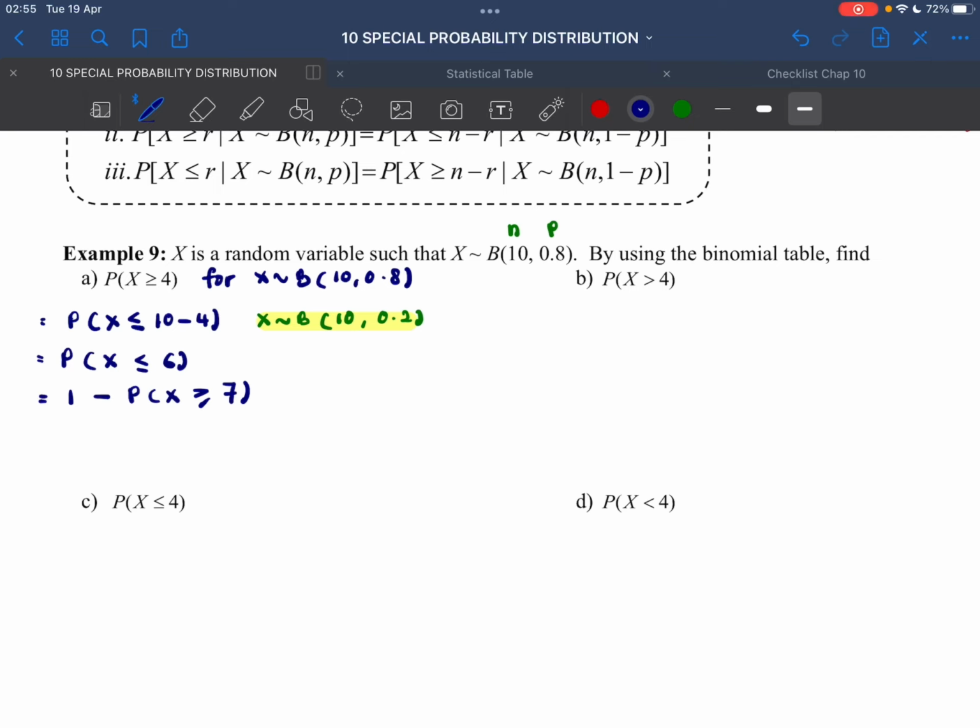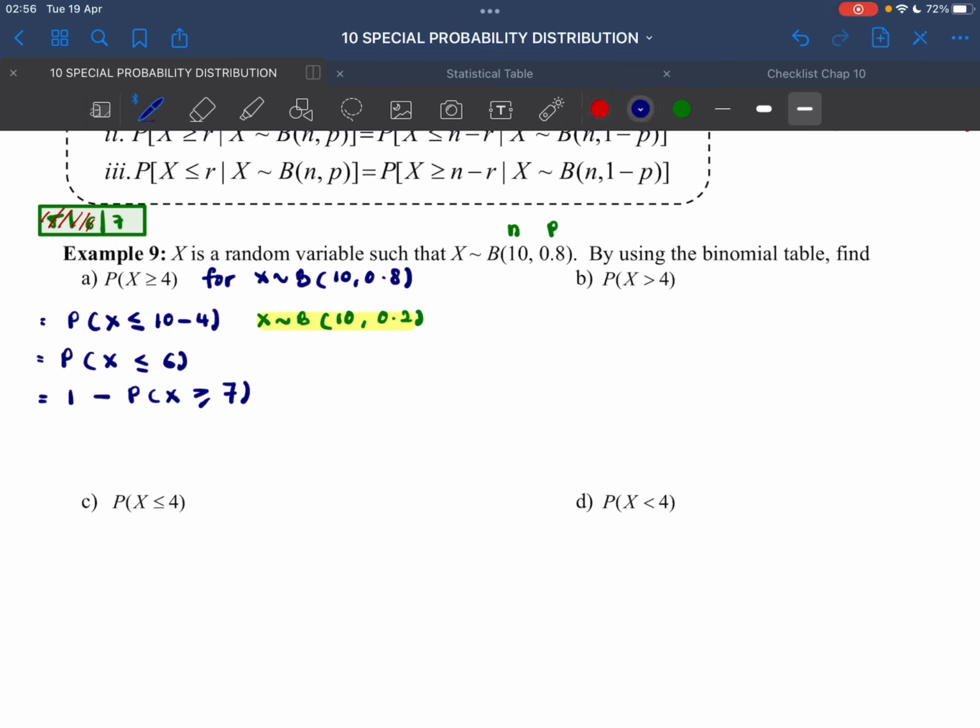If not, just draw your table. Let me show once more for the last time. You want X less than or equal to 6, so we have, let's say, 5, 6, 7. You want less than or equal to 6, so you want this. So the total probability is 1 minus what we don't want, which is greater than or equal to 7.